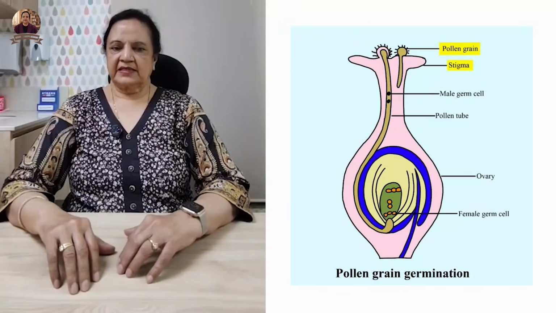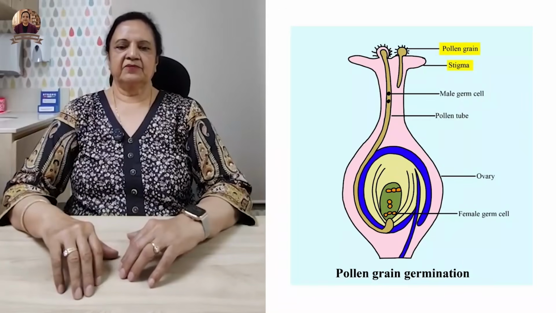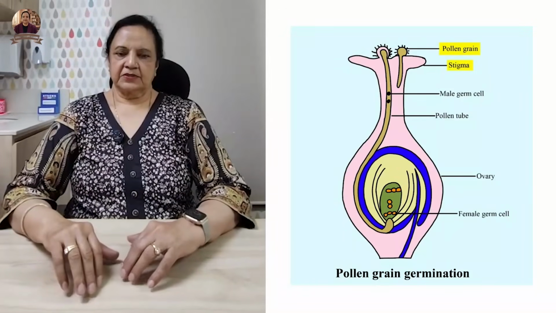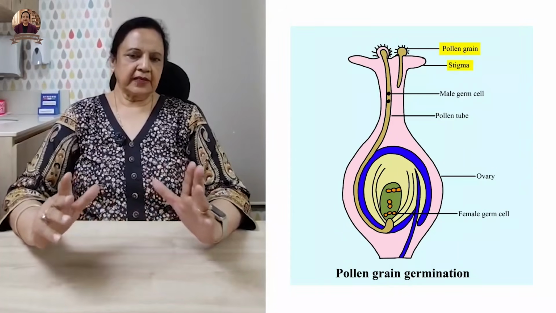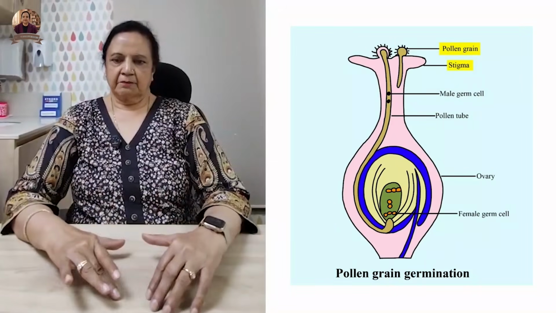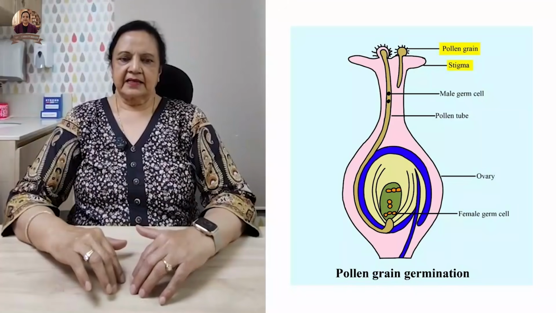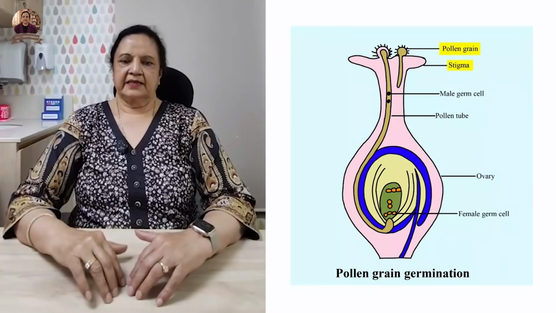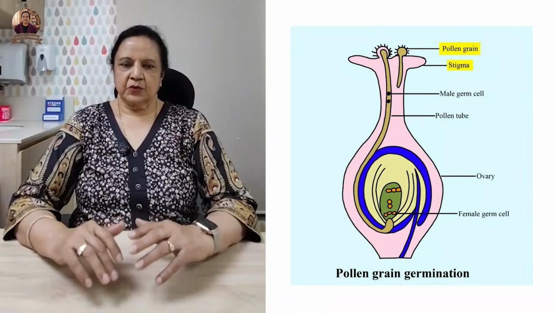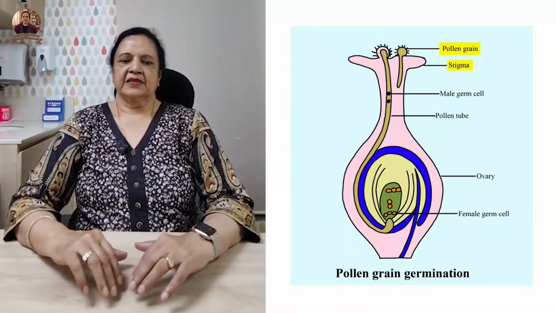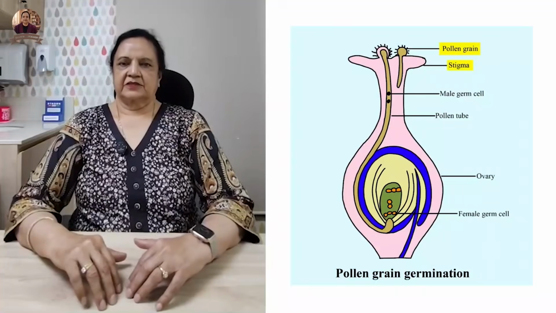Since two fusion events, syngamy and triple fusion, occur, this process is called double fertilization. It is unique to the angiosperms, the flowering plants, and is their most significant characteristic, ensuring that endosperm develops only after fertilization, saving the plant's energy.